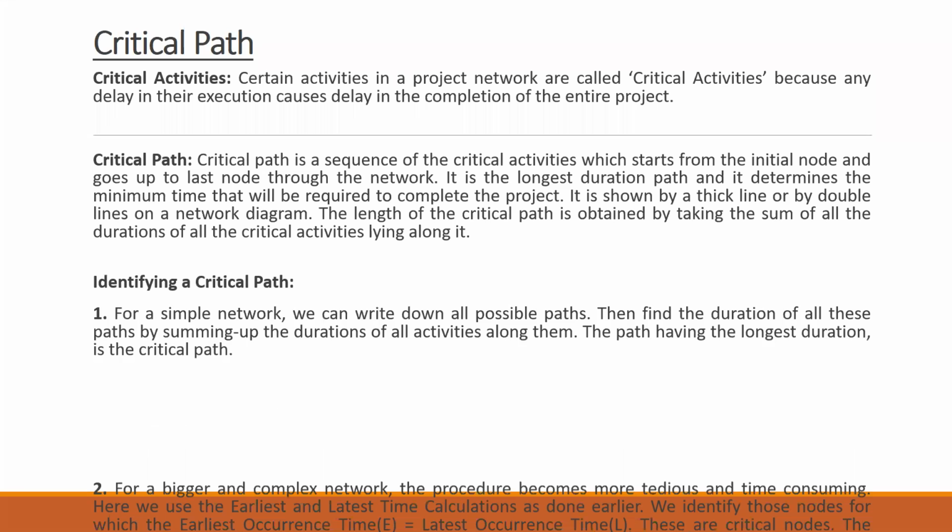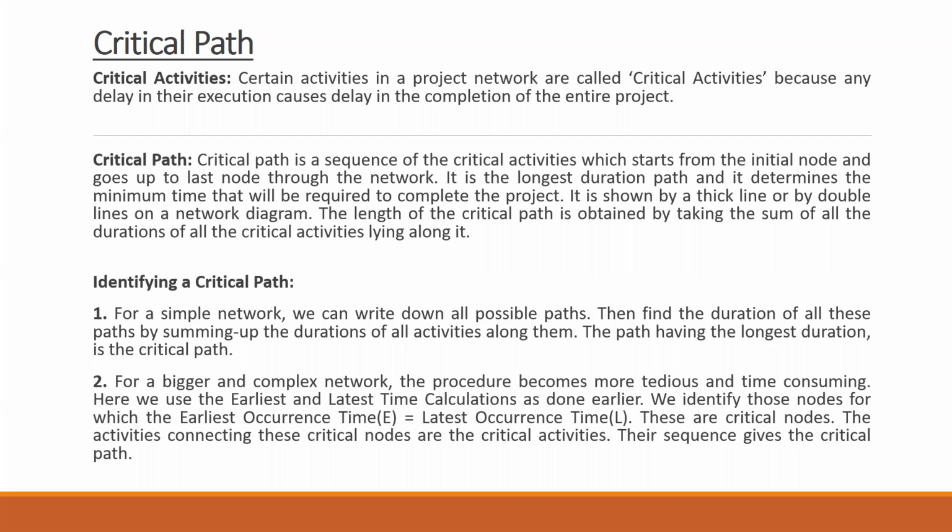Now, as I told you, there are two methods. The first method is for the simple network diagram, where the number of paths are very less. So easily we can find out the duration for all these paths, and the longest duration will be your critical path. The second one is to compare the value of your earliest occurrence time. If it is equal to the latest occurrence time, then that particular node will be considered as a part of your critical path.